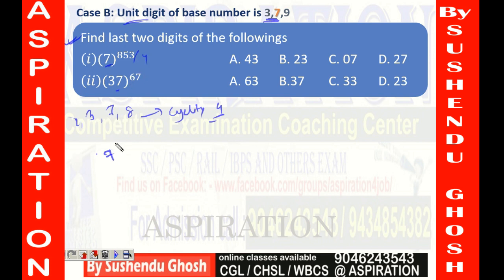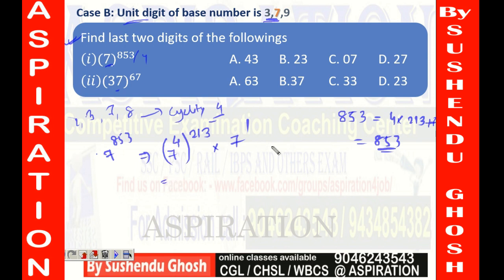So 7 to the power 853, if you break the power, it will take 7 to the power 4. Now if you break it, 4 into 213 means 852, then 7 to the power 1. We have broken the power 853 like 4 into 213 plus 1, it will give you 853 only.